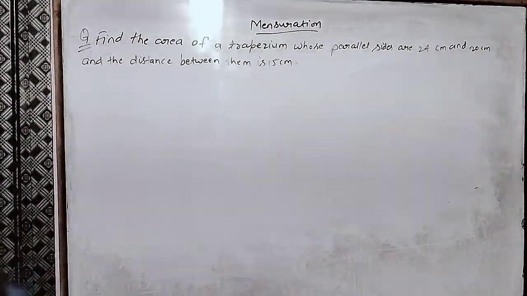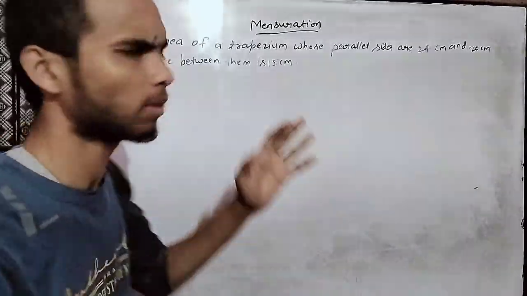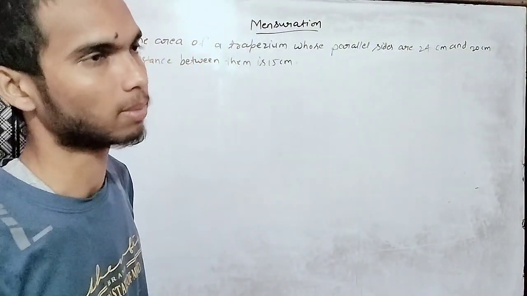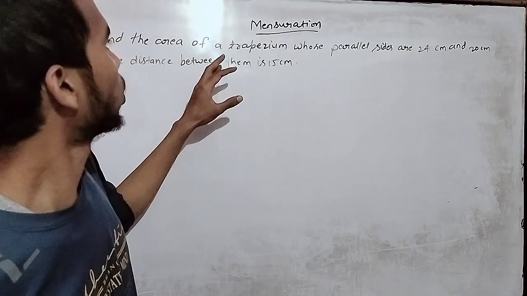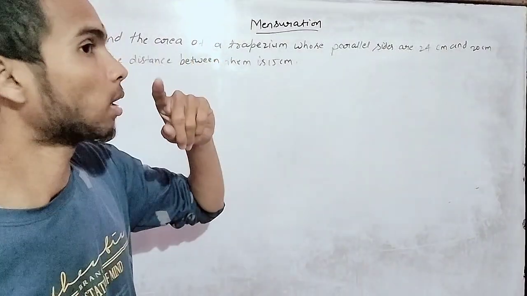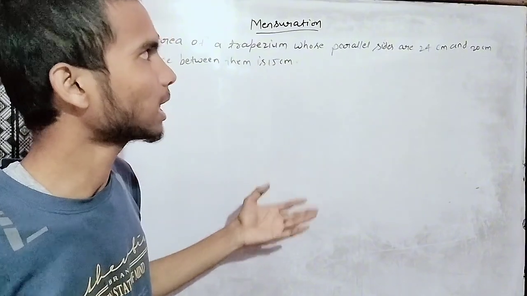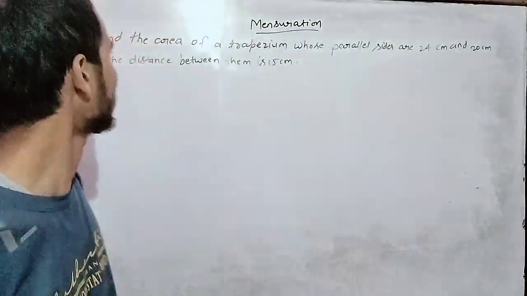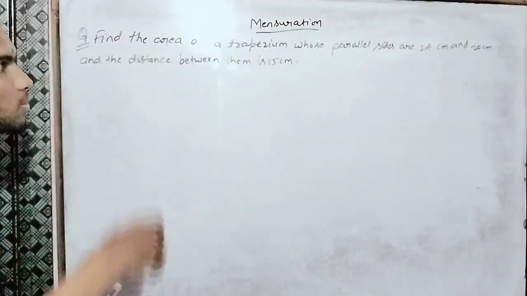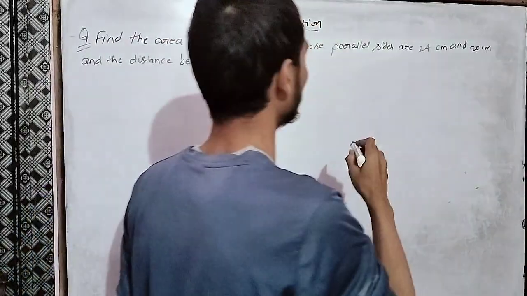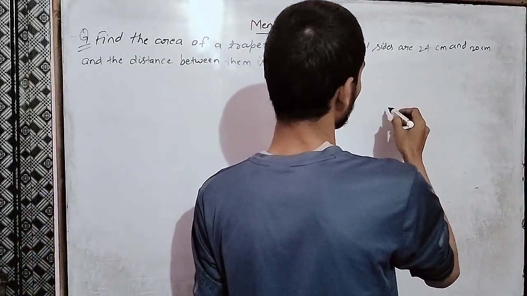Here we can understand this question. The question is the same: find the area of a trapezium whose parallel sides are 20 centimeter and 24 centimeter, and the distance between them is 15 centimeter. We can draw a figure of a trapezium with the help of this.